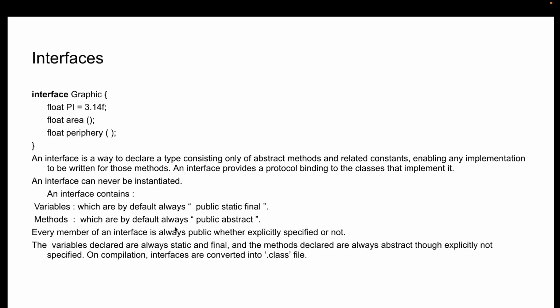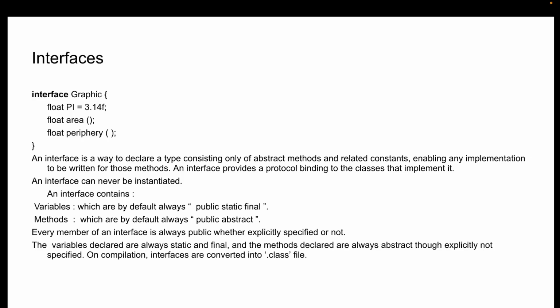And similarly for methods, we have not defined anything like public or abstract, but by default the float area method and float periphery method are public and abstract. Why? Because these methods are abstract, because the implementation has to be provided by the classes which go ahead and implement this interface.